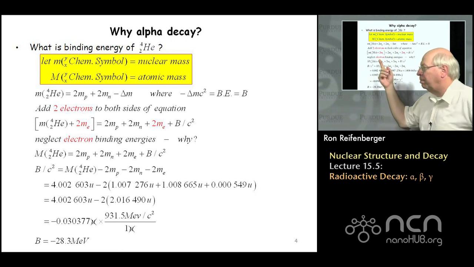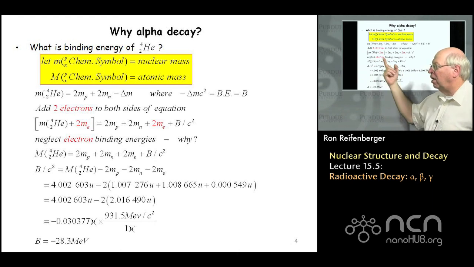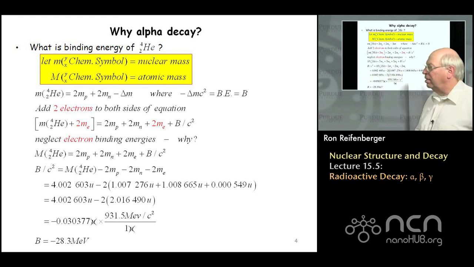And that allows us basically to neglect any binding energy shifts caused by the electron binding energies involved in this calculation. So, once you've got this equation, it's a simple matter to solve for the binding energy divided by c squared.